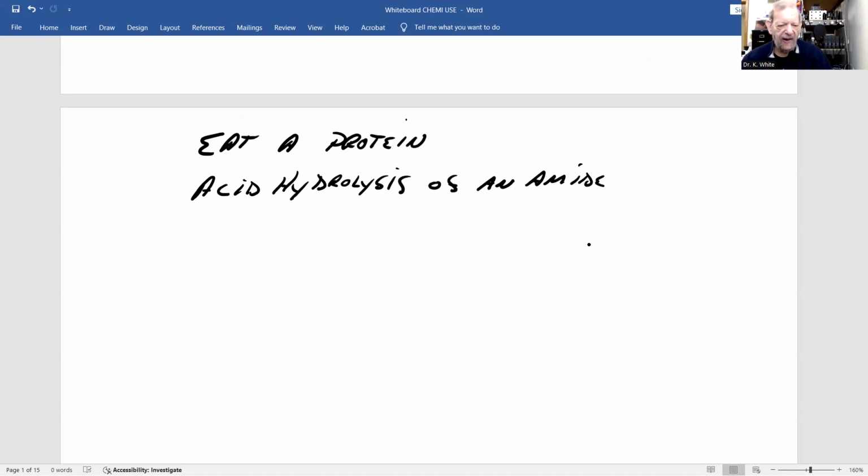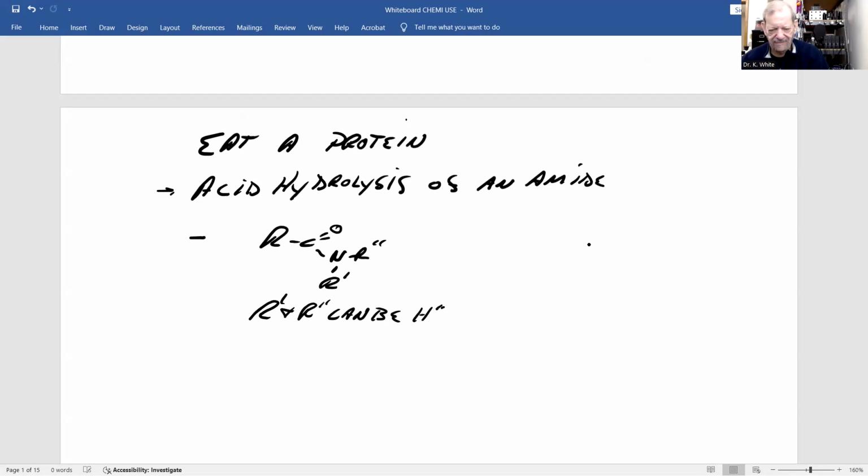The key functional group that holds amino acids together in a protein is an amide. And how do you describe this with words in a general reaction? Well, with words, it's acid hydrolysis of an amide. And for test 3, here we have our amide.